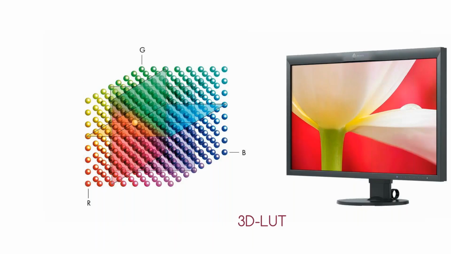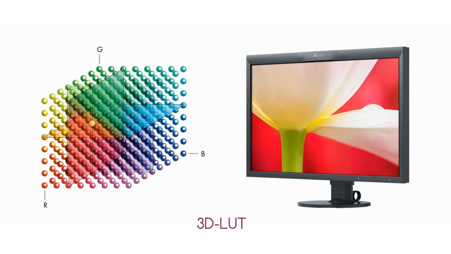The next thing, our CG monitors have a 3D LUT. This is the lookup table where the mixture of the colors with the red, green, and blue subpixels is written in. And just to know, the 3D LUT is more precise than a 2D LUT can be, and so our best monitors have a 3D LUT.